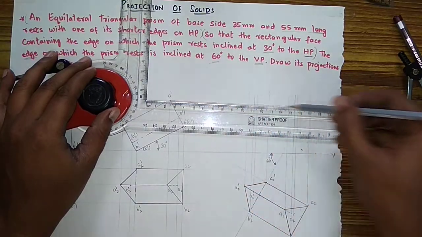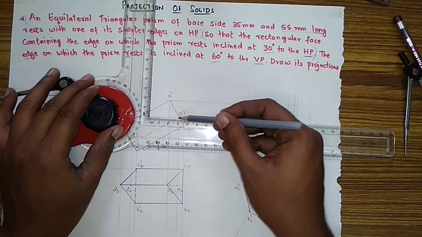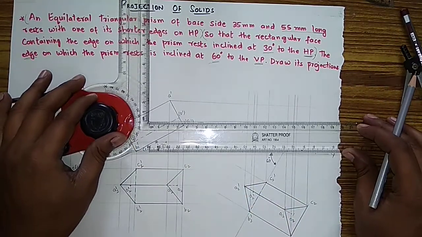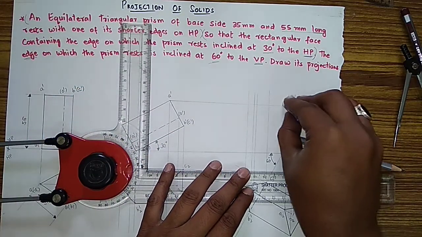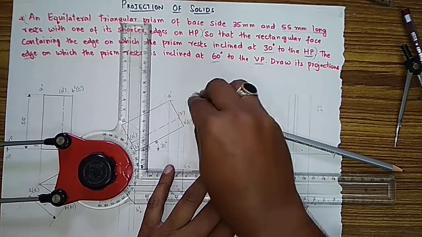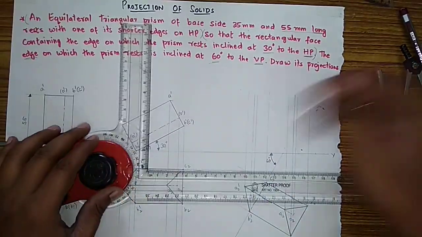Then from this plane, projection lines. Sorry, I have taken somewhat different angle, so this line will be somewhat tilted. So I am rubbing that.